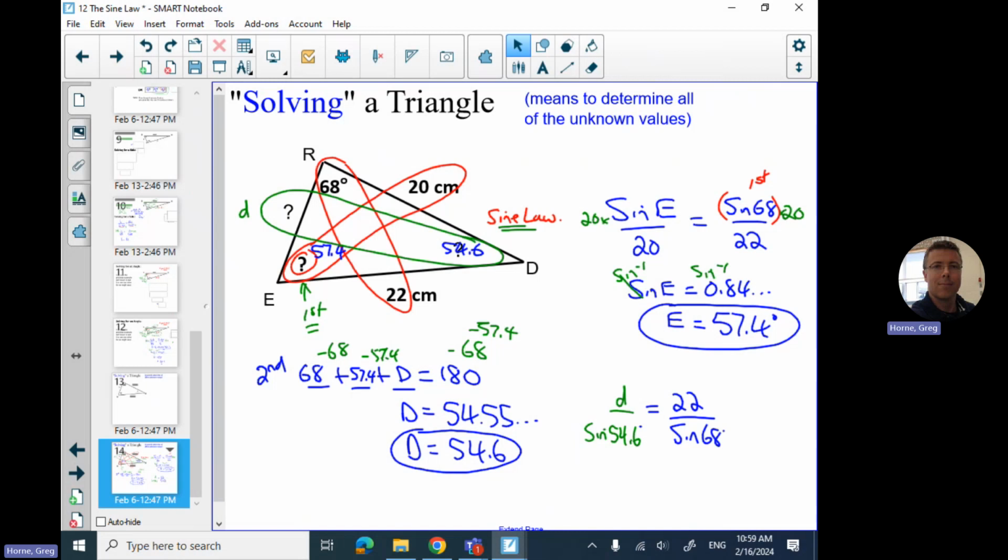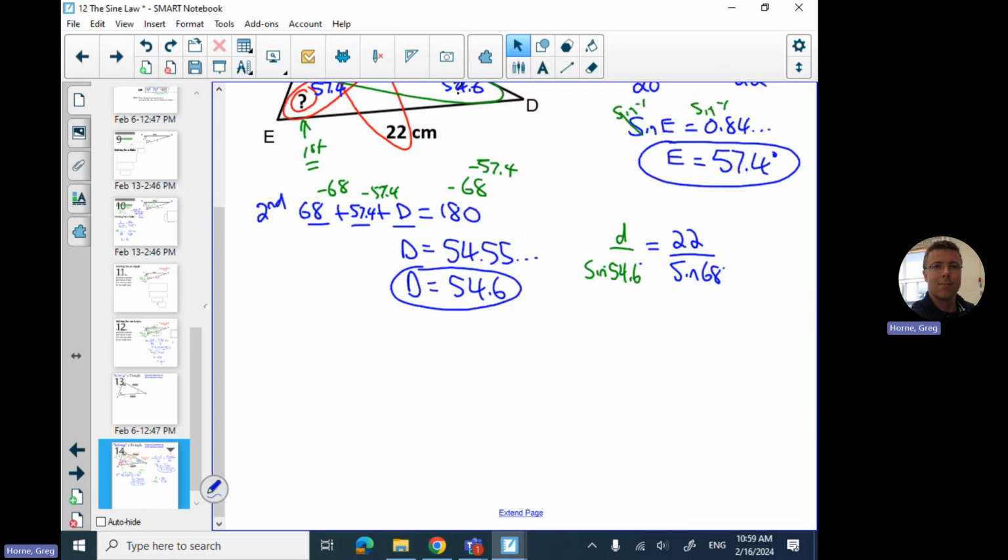I said over 68, but I should have said sine of 68. And so this one feels tempting to get number versions. You could multiply both sides by sine of 54.6 as well. That would be totally fine. I will do that actually, because then I don't have to worry about carrying numbers as long, right?